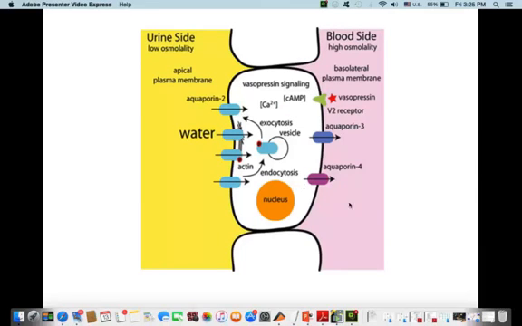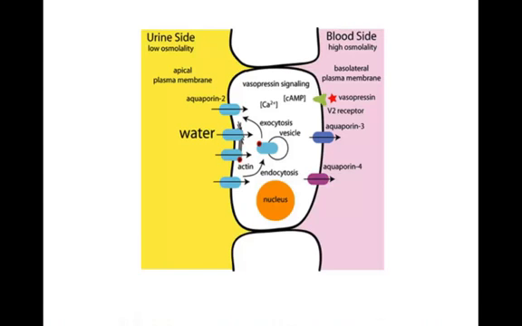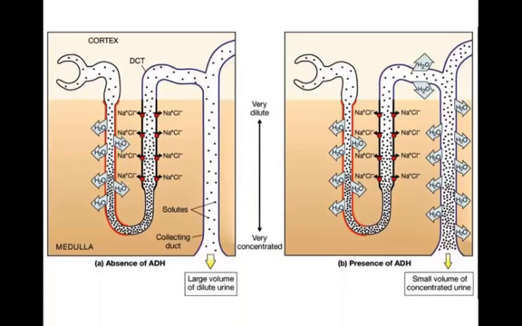Then, by the effect of osmosis, water molecules will pass from the hypoosmolar renal tubules to the hyperosmolar medullary interstitium, where it's going to be easy for water molecules to return to the general circulation by blood capillaries, since the medulla must maintain its hyperosmolarity by keeping the water away. This is called facultative water reabsorption under the effect of ADH.